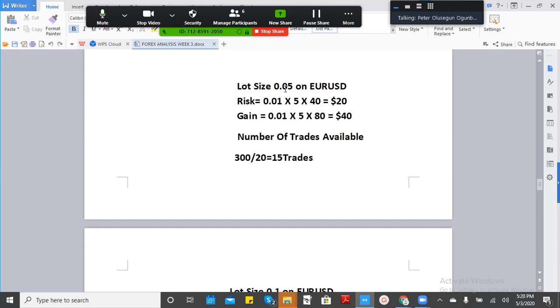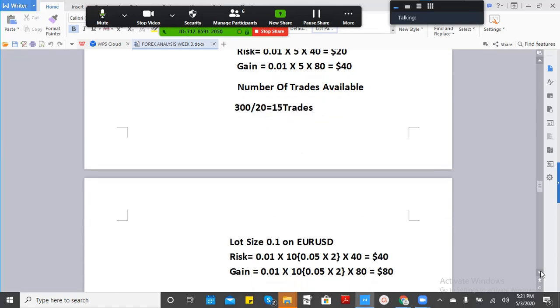Let me do 0.05. You want to risk $20 to gain $40. Then how many trades can you do like that? 300 over 20 will give you 15 trades. When your risk pip is narrow and you don't know what you are doing, you can actually lose all these 15 trades without winning anything.